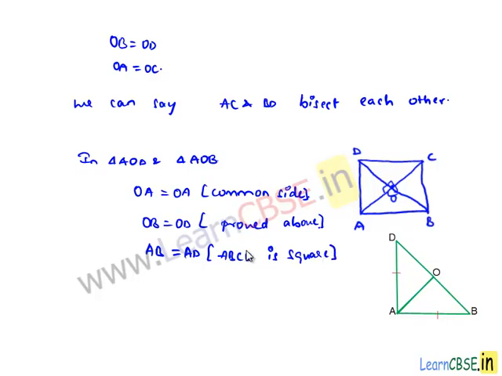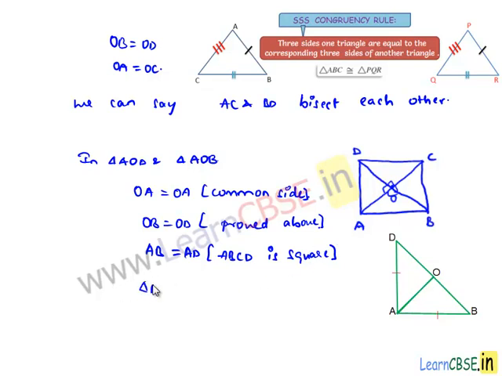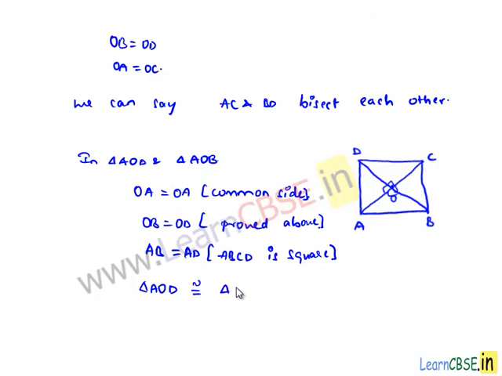So here three corresponding sides of two triangles, that is AOD and AOB, are equal. So we can say that triangle AOD is congruent to triangle AOB.